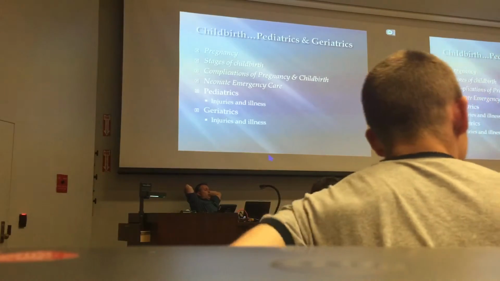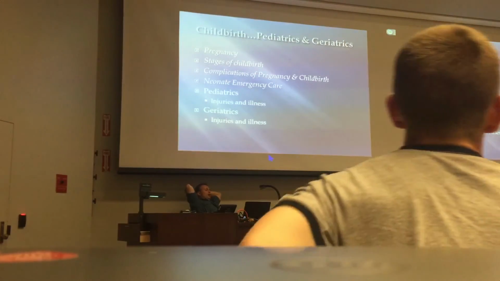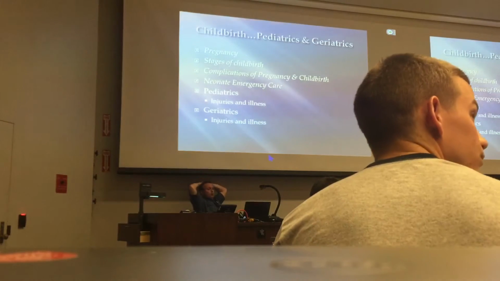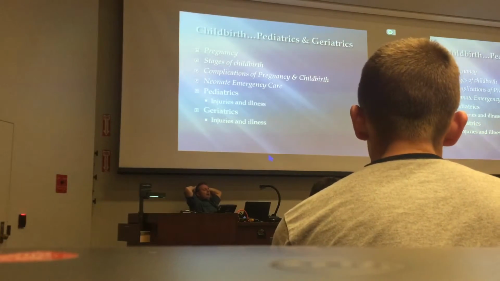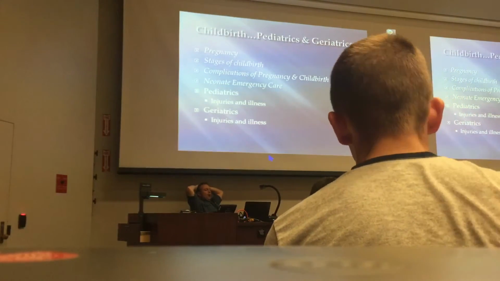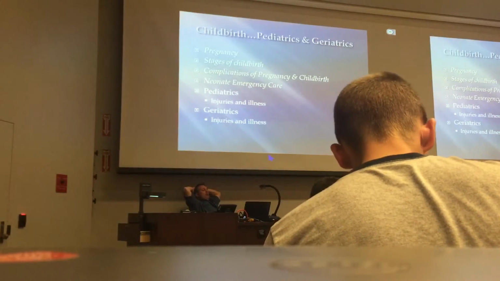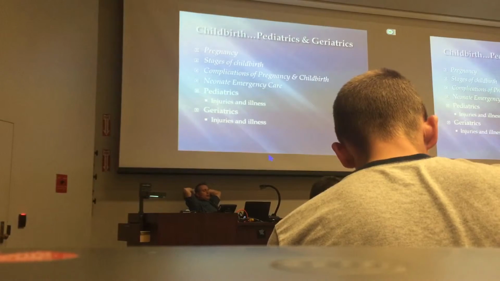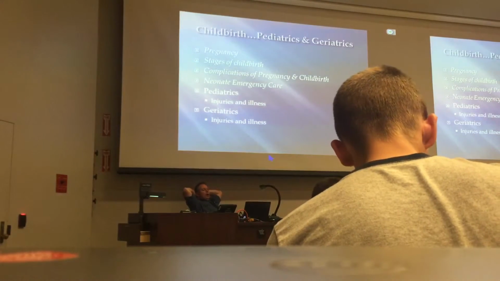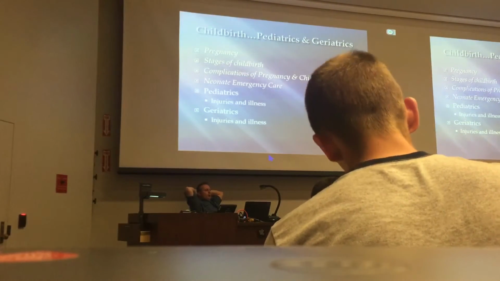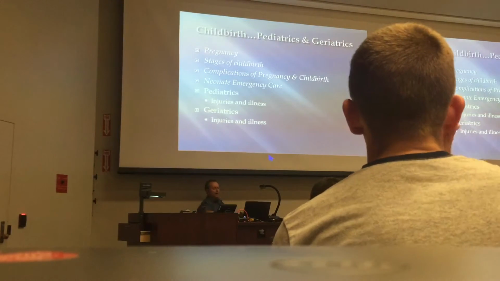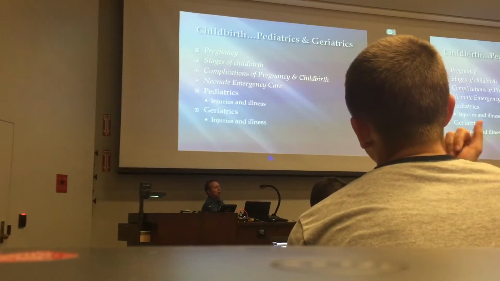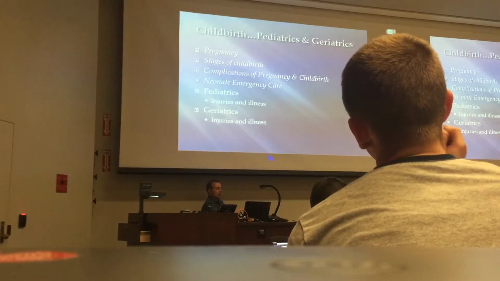The different things we talked about with the pediatric patient, especially how do we treat the pediatric patient, and specific pediatric medical emergencies such as croup and epiglottitis, and then geriatrics, specific types of injury patterns we would see with the elderly people, and how do we deal with their different underlying medical conditions, okay? Pretty much not that much with geriatrics. I would lean a little more heavily on pediatrics, okay?